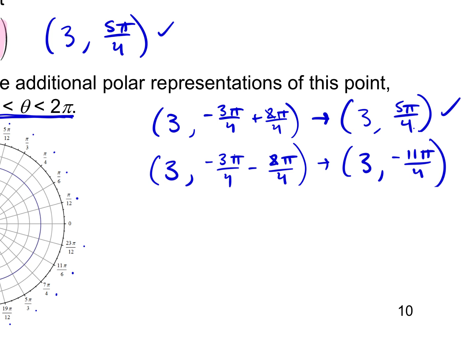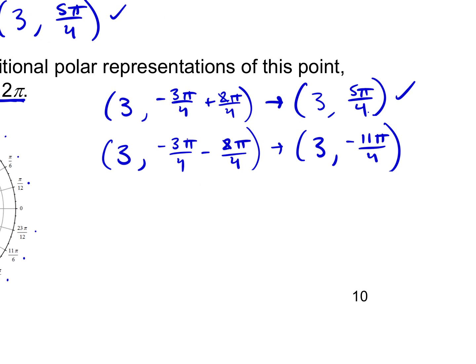Is negative 11 pi over 4 in between negative 2 pi and positive 2 pi? No, it's not. It's outside. If we divided 11 by 4, we would get negative 2 point something-ish, which is outside of negative 2 to 2. So this does not work out as a point because it's not inside of our window that we're talking about.